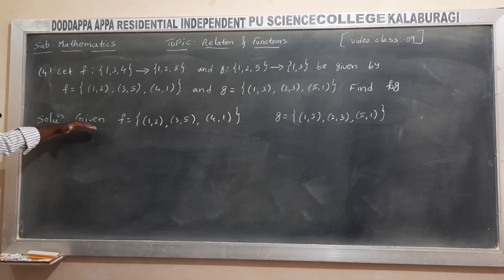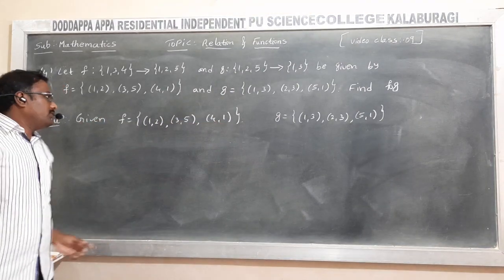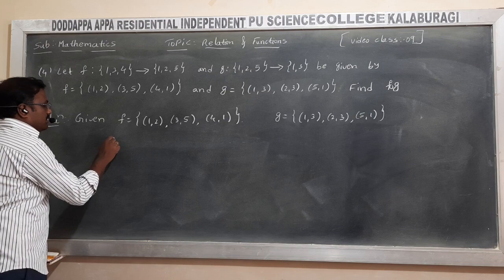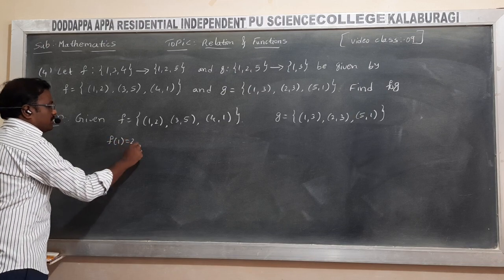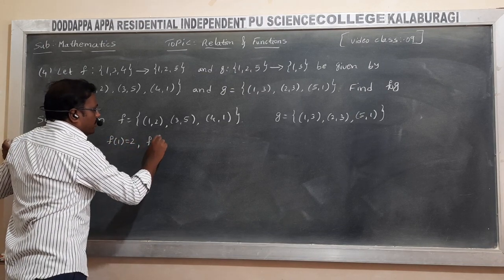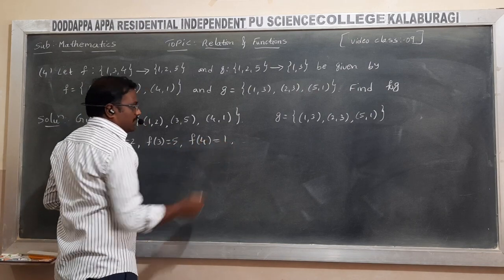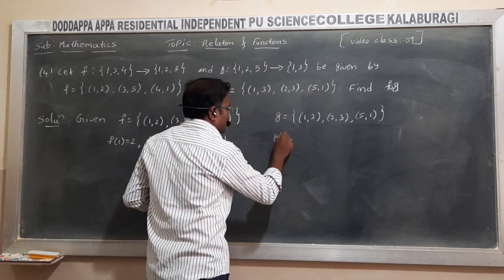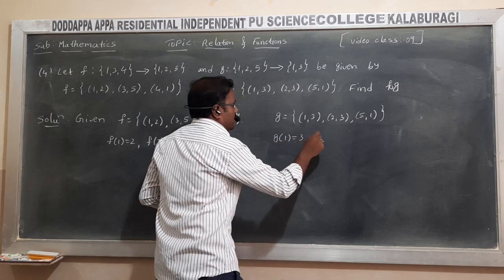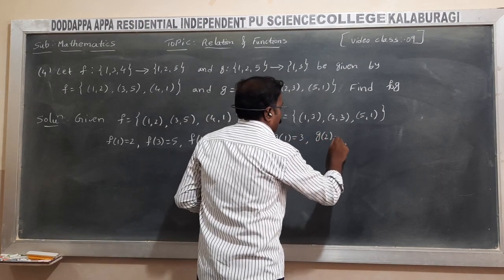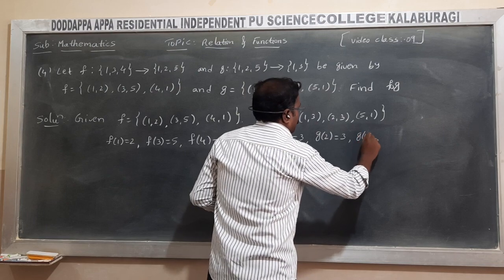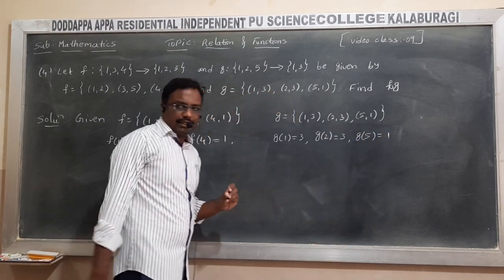First of all, you write as it is given. Afterwards, we know that here f of 1 is equal to 2. F of 3 is equal to 5. F of 4 equal to 1 is given. Similarly here, g of 1 equal to 3. G of 2 equal to 3. G of 5 equal to 1 is given.